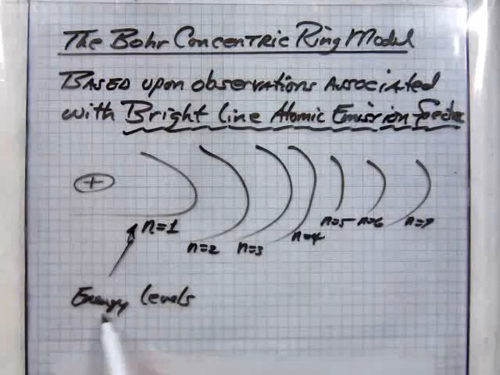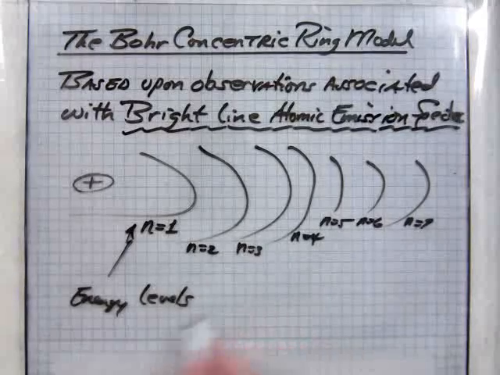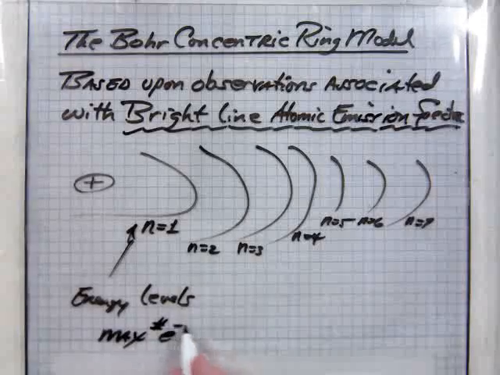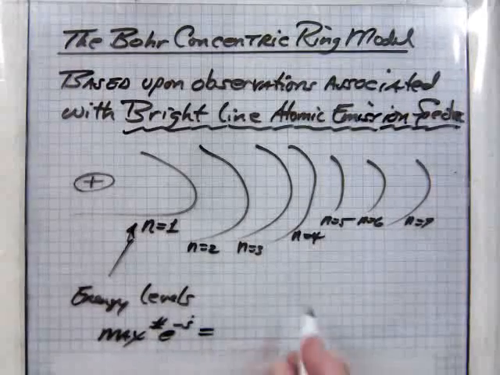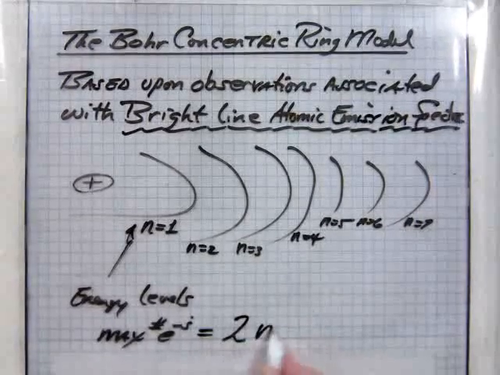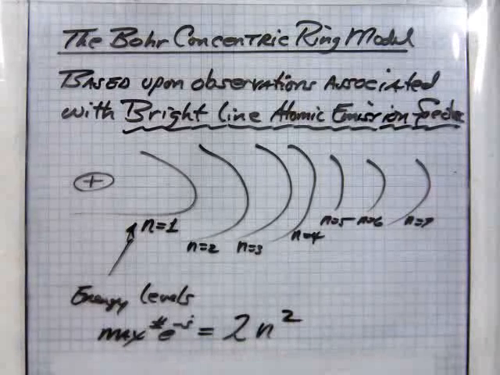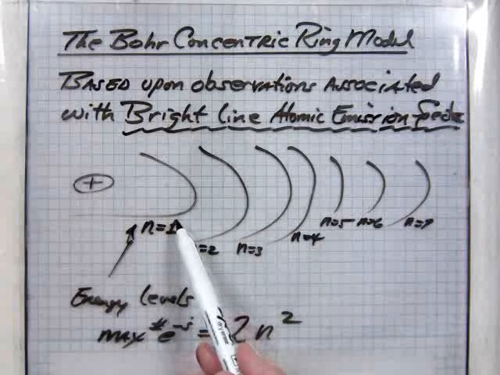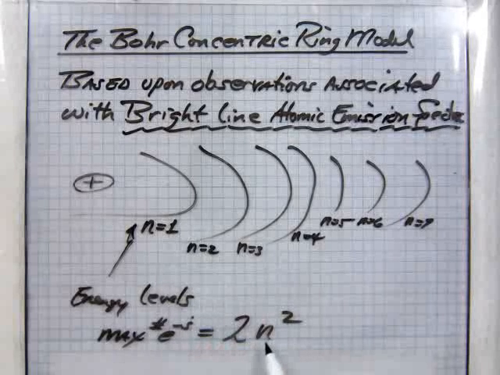There is a simple formula for defining the maximum number of electrons that a principal energy level will have, and that is max number of electrons is equal to 2n squared. Very simple formula. That is, if you want to know the maximum number of electrons that can be placed in the first energy level, you place a 1 there and square it times 2.